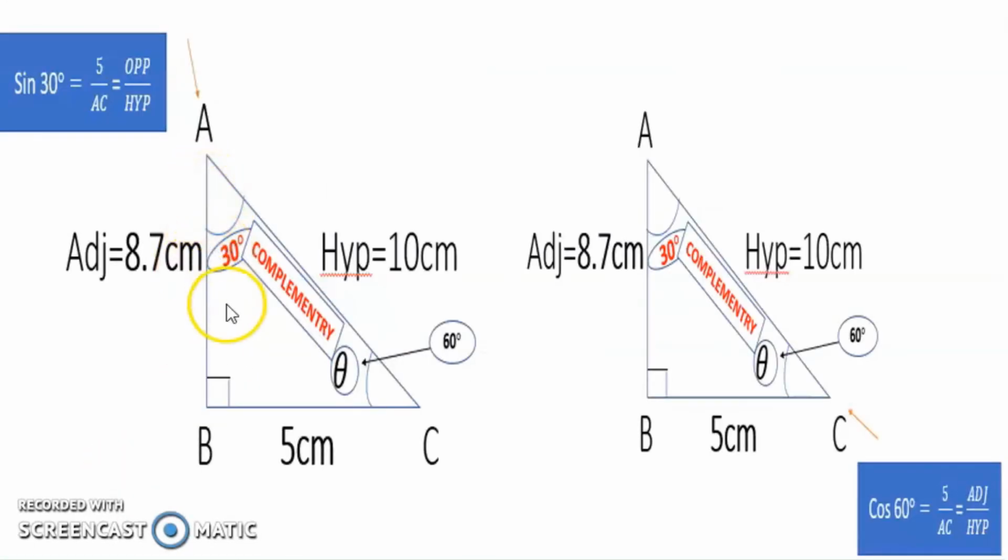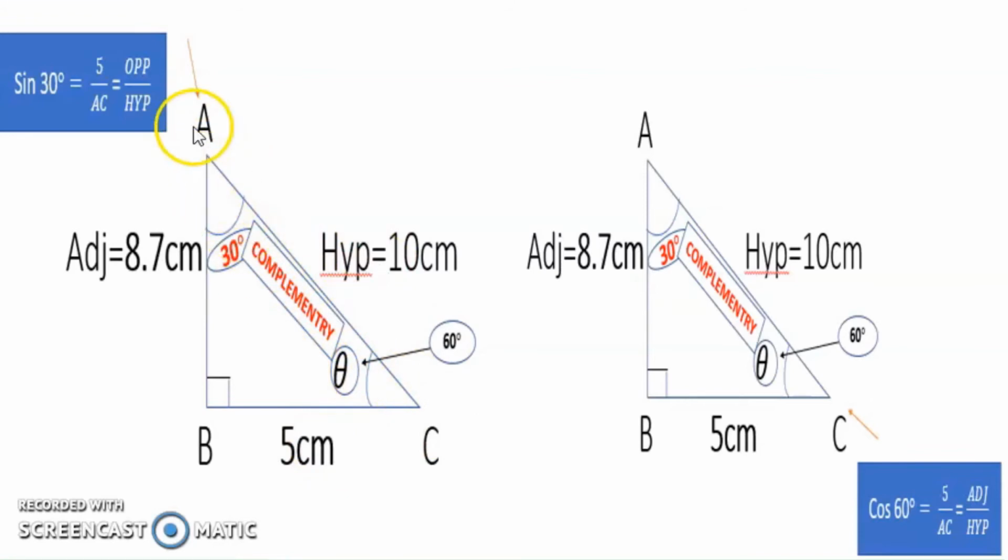Looking at this diagram at the left here, we notice that when we are looking at this angle from the top, our sine 30 degrees will be equal to opposite over hypotenuse, which is 5 over AC.